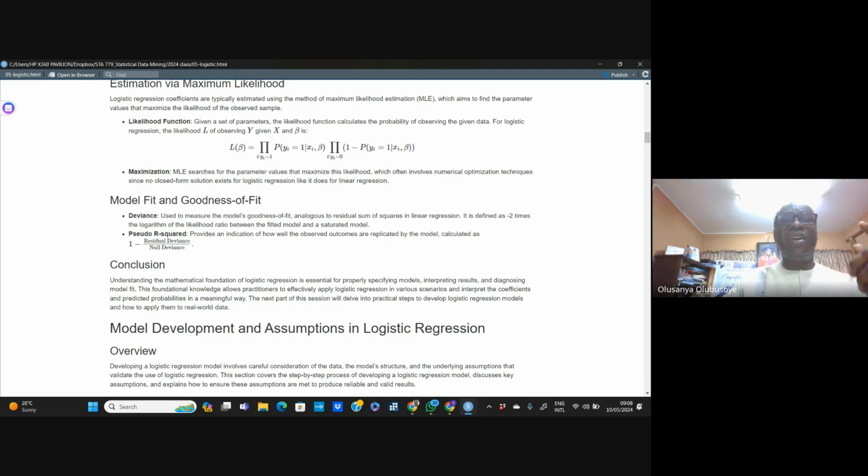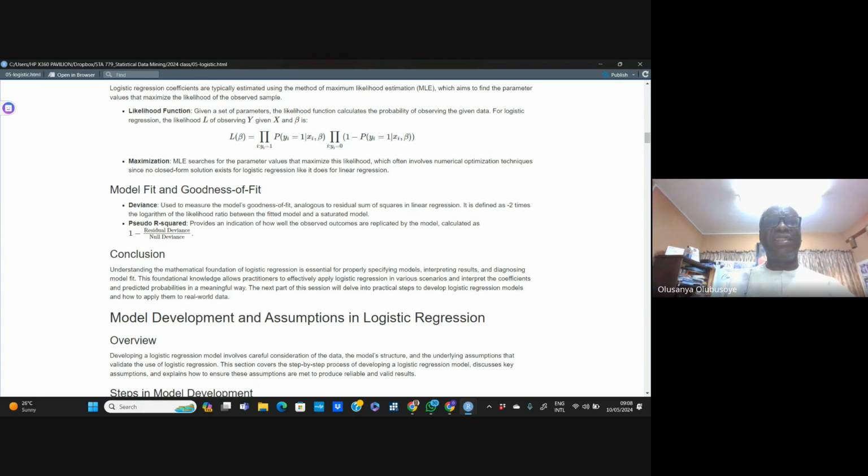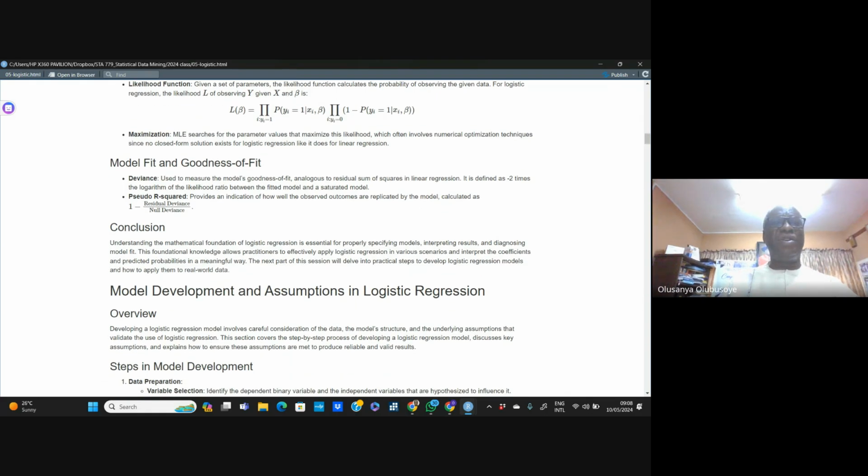So numerical optimization techniques help you to obtain the parameter values that maximize the likelihood function that is given there. Instead of talking of residual in logistic regression, you cannot actually talk of residual the way you talk of residual in the linear regression model.